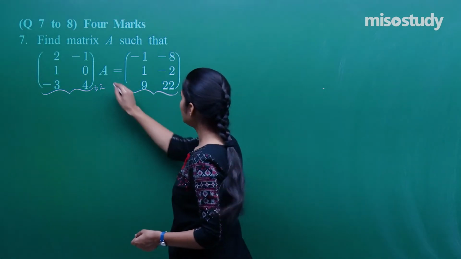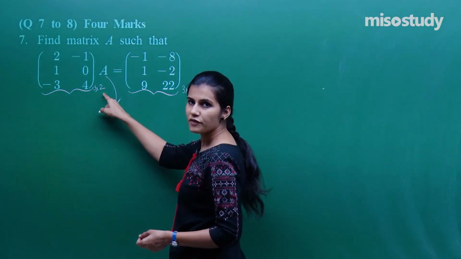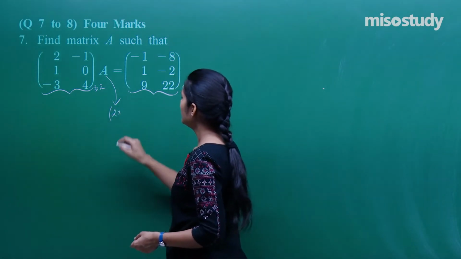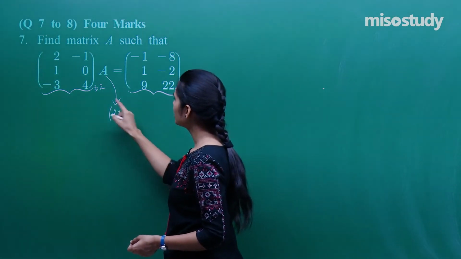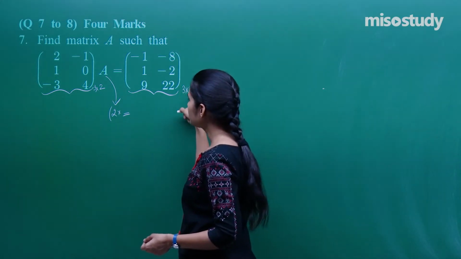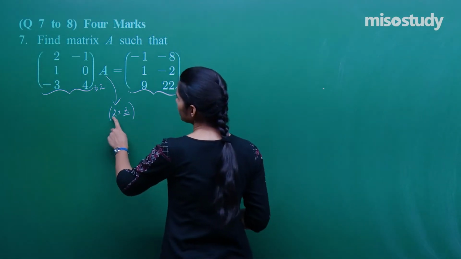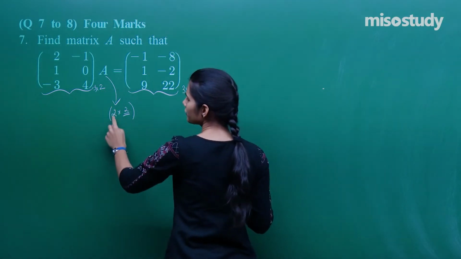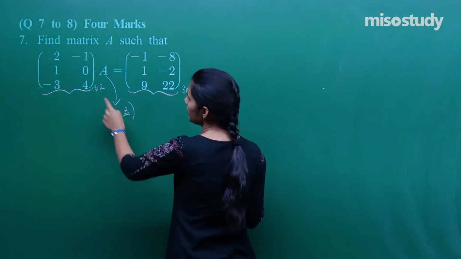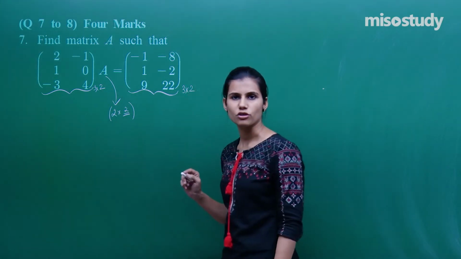What should be the order of A? 3 cross 2 is conformable to be taken product with a matrix of order 2 cross something, and whatever comes over here, 3 cross this is the order of the result. So here 2 is already here, 3 cross 2, so here it has to be 2. Because if this is not equal to 2, 3 cross 2 matrix will not be conformable to be multiplied with matrix A, and if here 2 is not there, then 3 cross 2 multiplied by a 2 cross something matrix will not be able to result in a 3 cross 2 matrix.